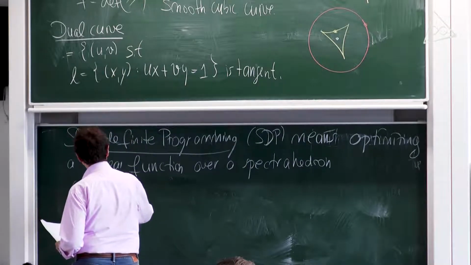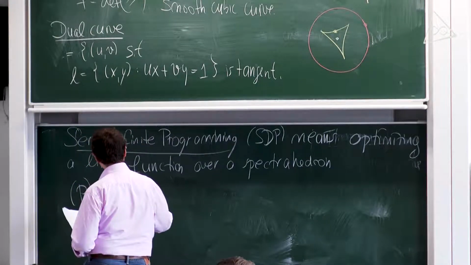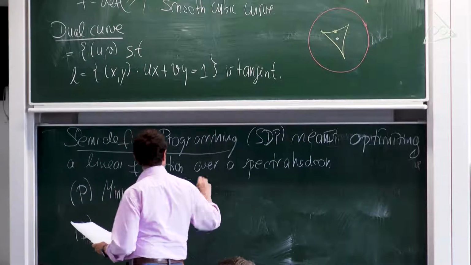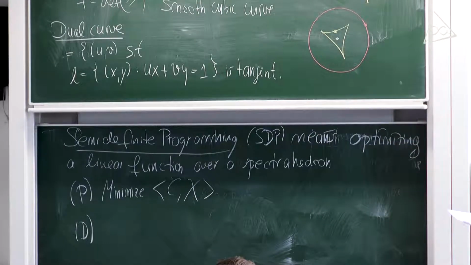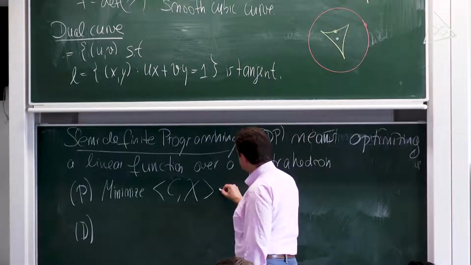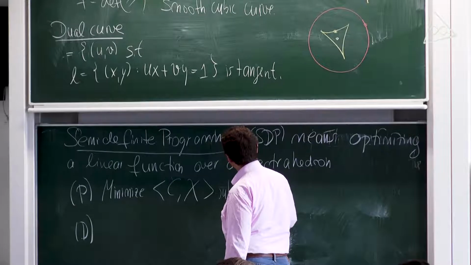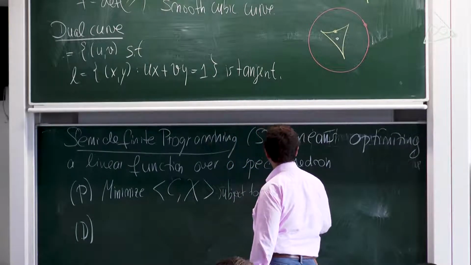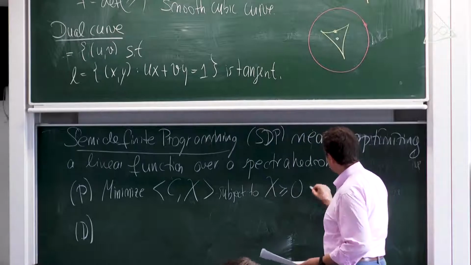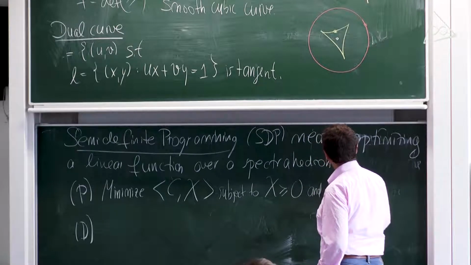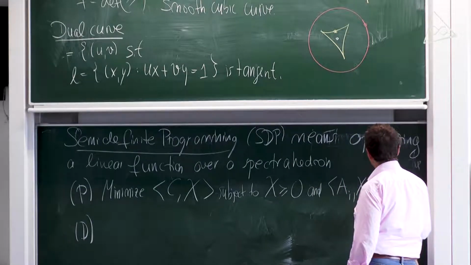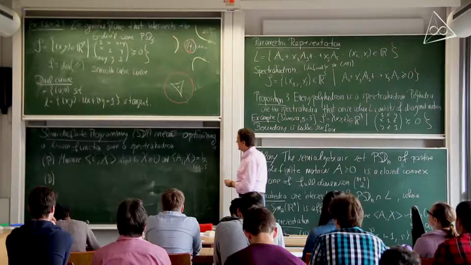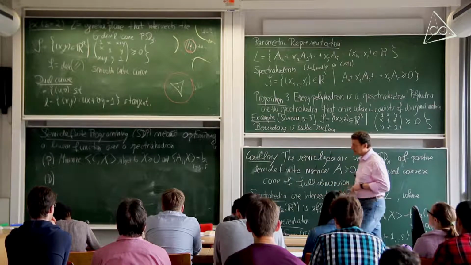Okay? Now let me write down the primal first. So the primal says minimize a linear function, Cx, this is in matrix space, so this is the trace inner product between a cost matrix C and an unknown matrix X. Well, subject to the constraints, well, there are the constraints that this is in the PSD cone, and we have a linear system of equations, so Ai paired with X should be bi, and let's say we have s constraints, i from 1 up to s.